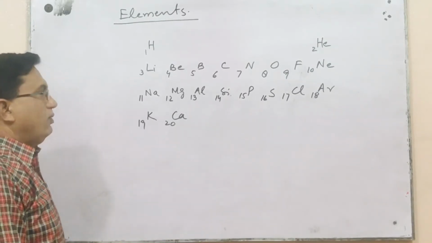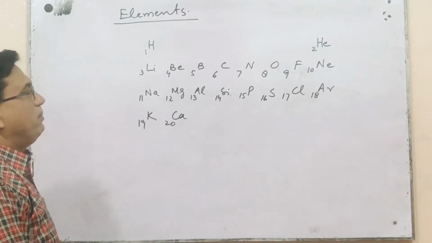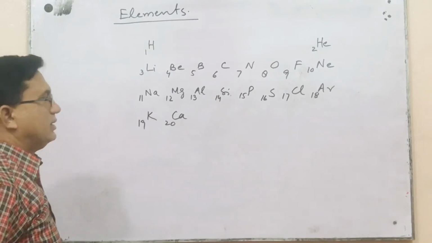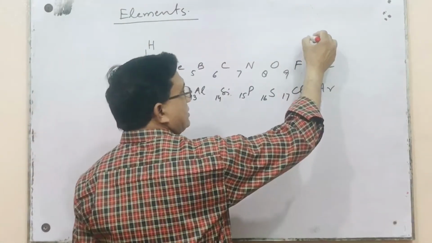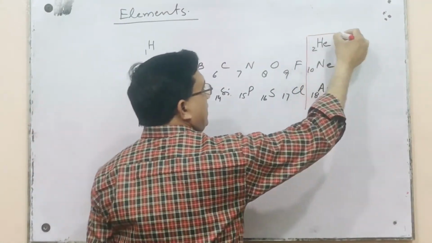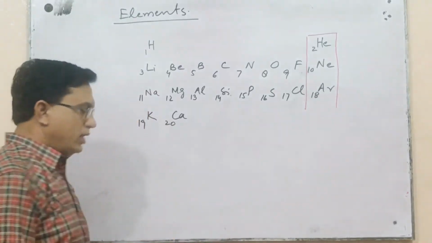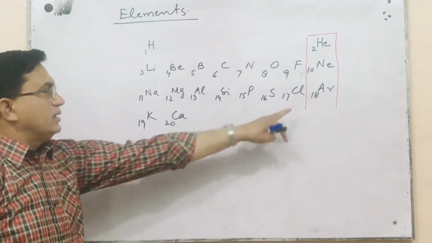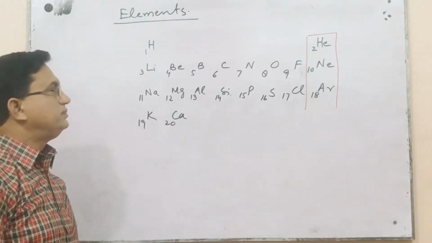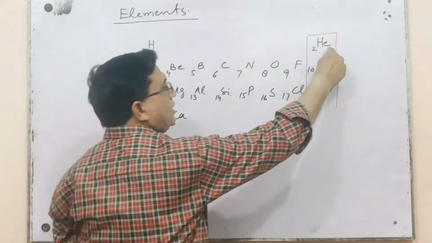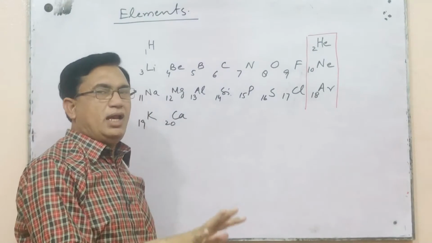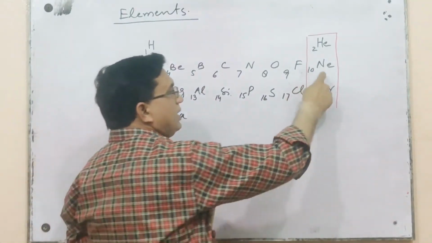Now, I want to explain some important points here. All these last vertical columns of the periodic table are called noble gases, and all these represent elements.